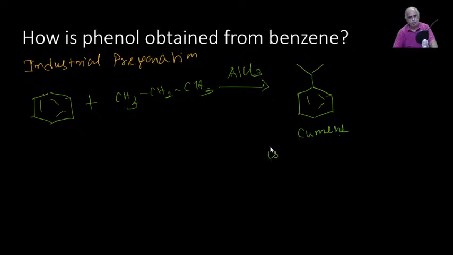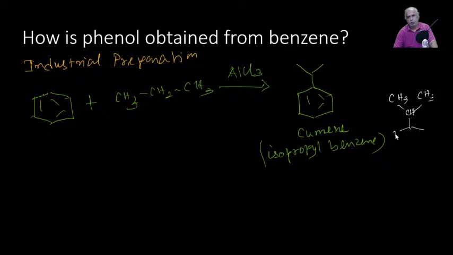Cumene is nothing but isopropyl benzene. Isopropyl is represented like this, which is nothing but CH3, C, CH3, H. Okay, so that has been simply modified like this.